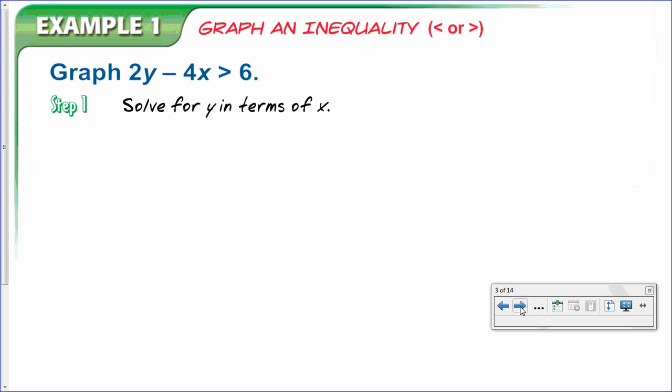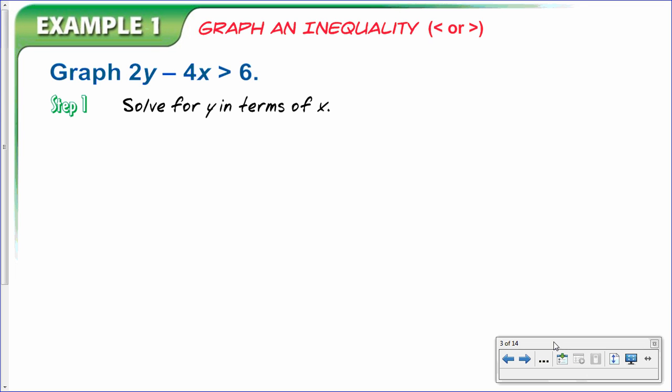Alright, so let's look at one. Let's see one real quick. We're going to graph 2y minus 4x is greater than 6. Now, what was the number one rule that we have to remember on this when you're dealing with inequalities? Yeah. If I, write this down because this is a rule you need to remember.